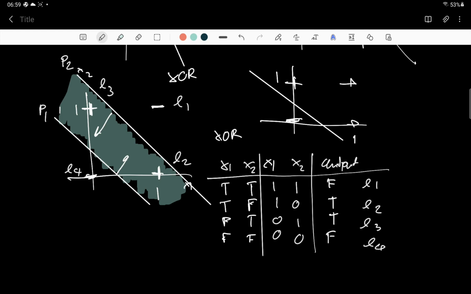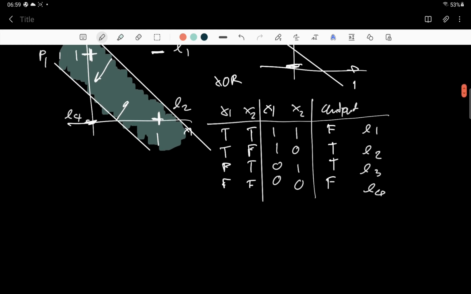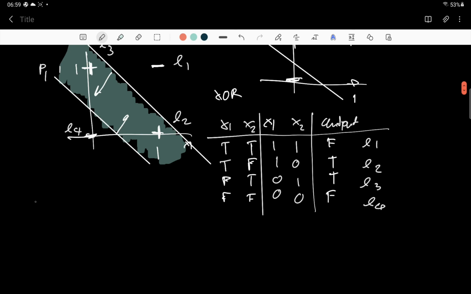So guys, look at this. If you plan it to be classified in the direction of the arrow, I draw a new table here. This is X1 and this is X2, and this is the output from P1 and the output from P2, and this one is the final output.